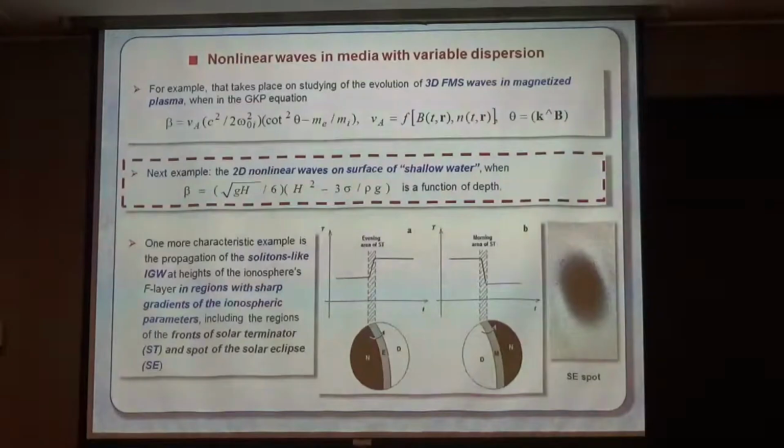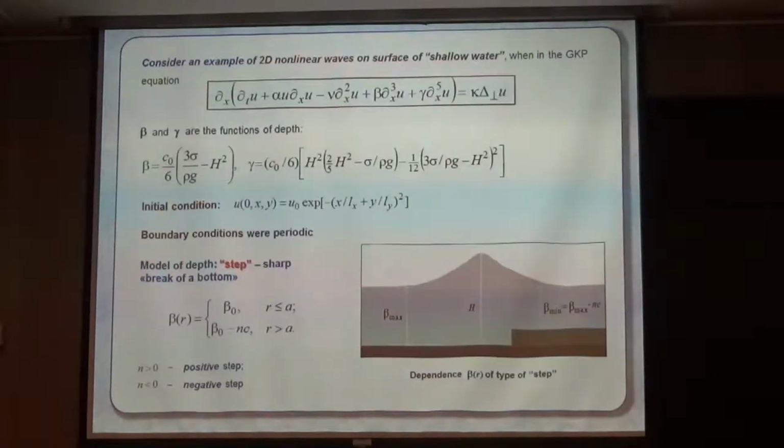Now let's consider the second example. The first and third examples I will consider in my next talk. Consider an example of two-dimensional linear waves on surface of shallow water when in the GKP equation the coefficients beta and gamma are functions of depth.